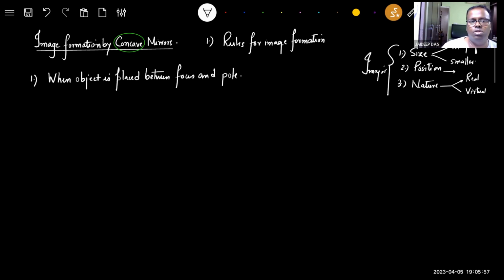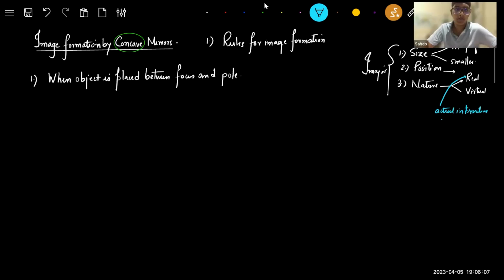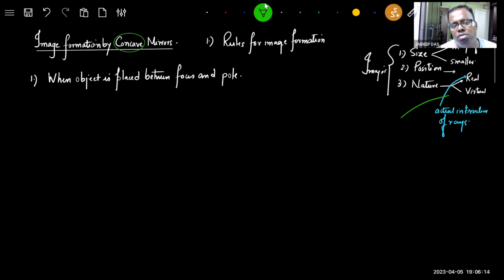When we talk about real, the identifier for real would be actual intersection of rays, wherever the image is formed, not necessarily at the focus. And for virtual, it will be extrapolation. Let's take the first case.